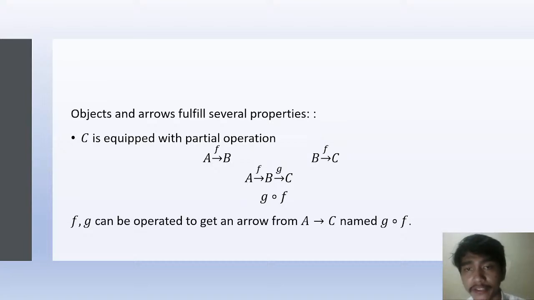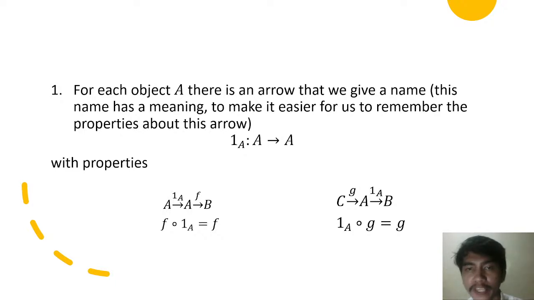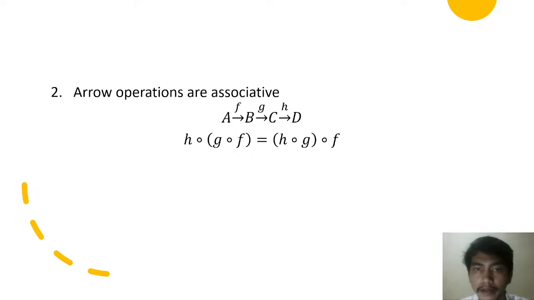F and G can be operated to get an arrow from A to C named G compose F. For each object A, there is an arrow that we give a name 1A, where 1A is similar to the identity transformation, with properties F compose 1A equal to F and 1A compose G equal to G. And the second property of the arrow operation is that it is associative, like this.